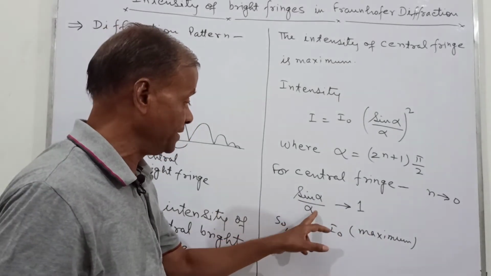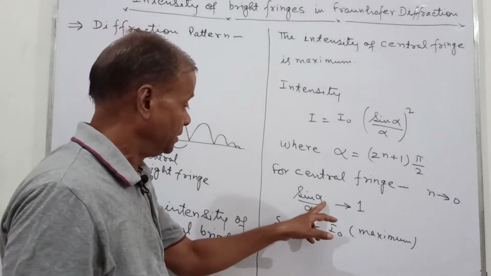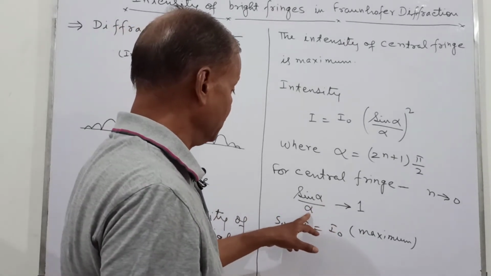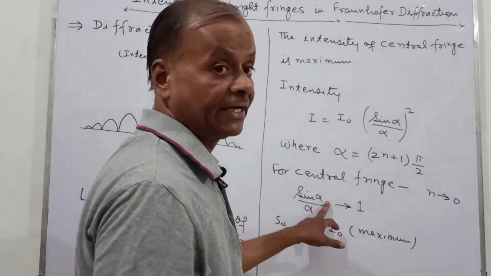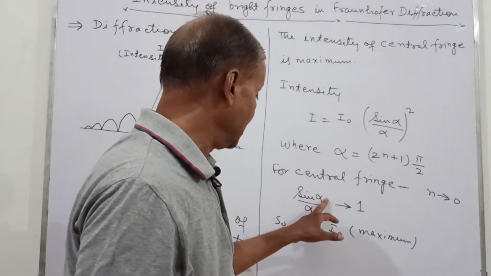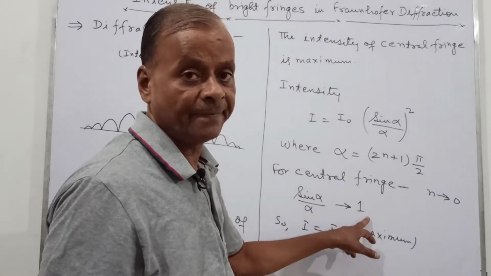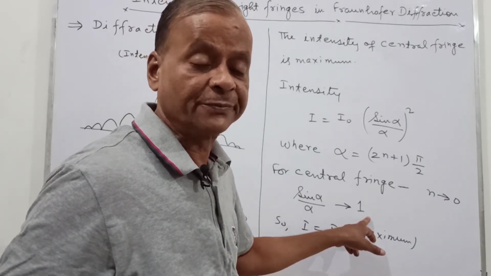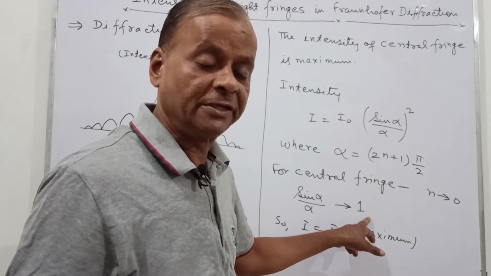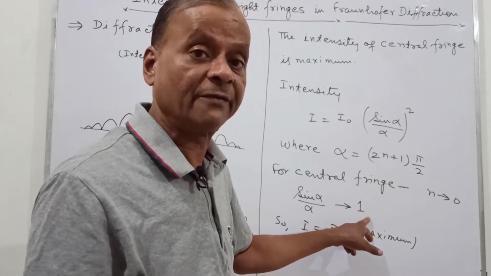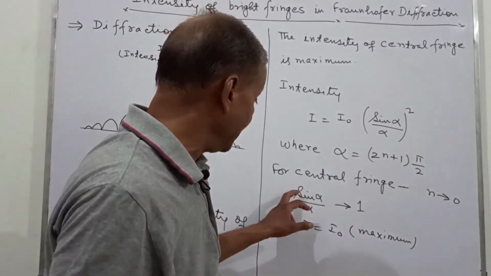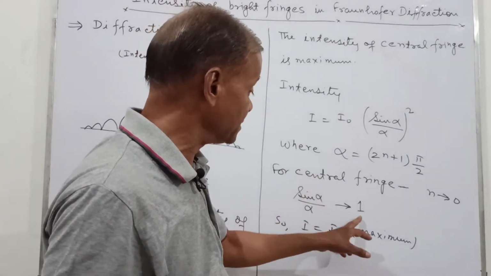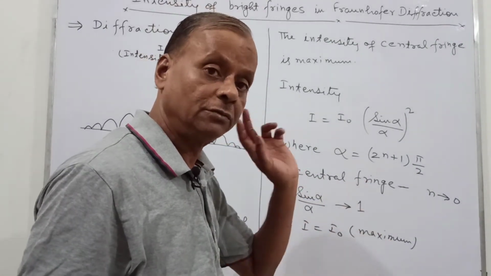Here alpha is pi by 2, and sin alpha can be taken as alpha. So alpha upon alpha is equal to 1. You must know the approximation that the approximate value of sin theta equals theta. Similarly, the approximate value of sin alpha is equal to alpha. So this alpha upon alpha is equal to 1.